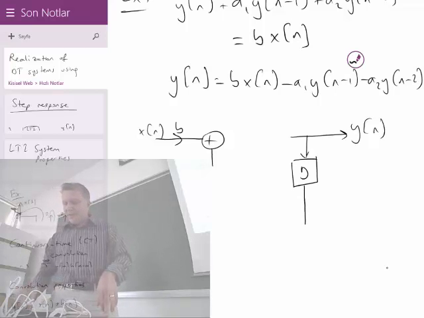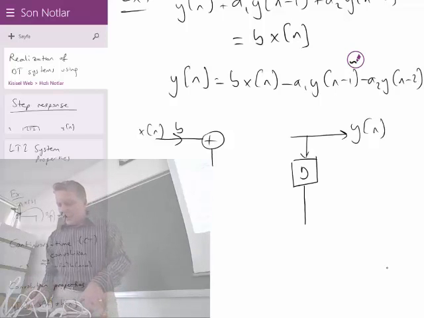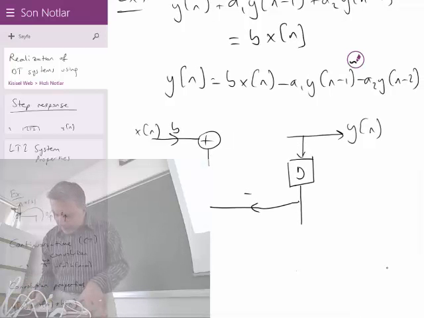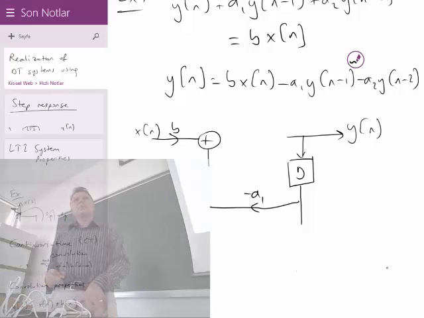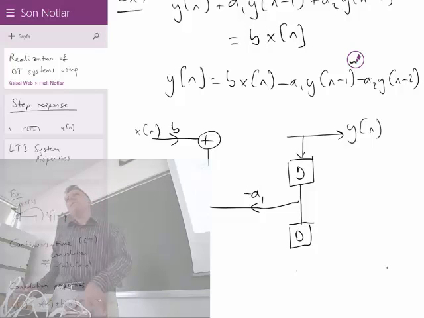And now here, I have y of n minus 1. That y of n minus 1 must be scaled by minus a1, and then I must delay it again, because I also need y of n minus 2.